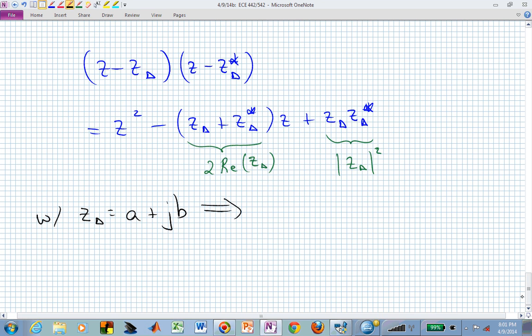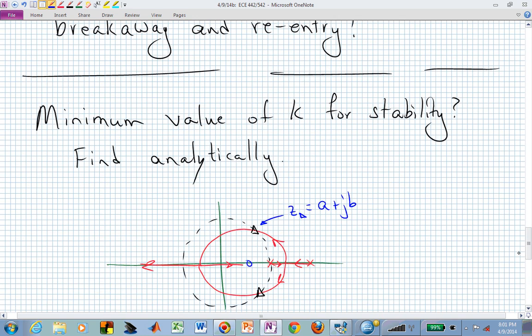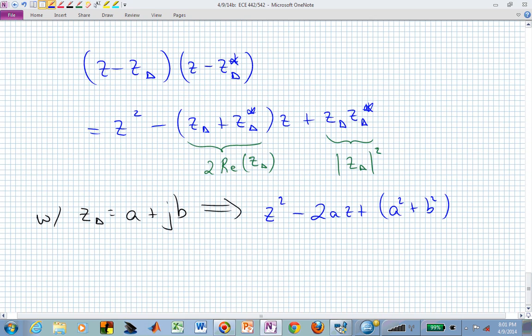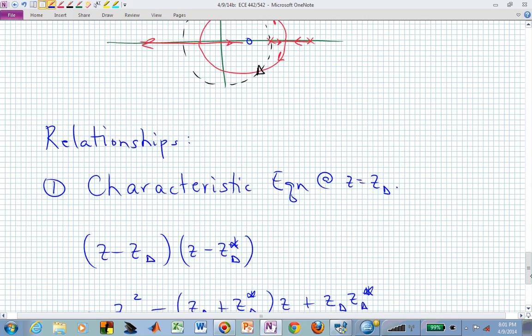So now we know that this characteristic equation at the point Z delta and its twin Z delta star is going to give rise to a characteristic equation of Z squared minus 2AZ plus the magnitude squared, which is A squared plus B squared. And that's really just the distance away from the origin, and we're squaring that, so that's the hypotenuse squared. That's one relationship that we know.